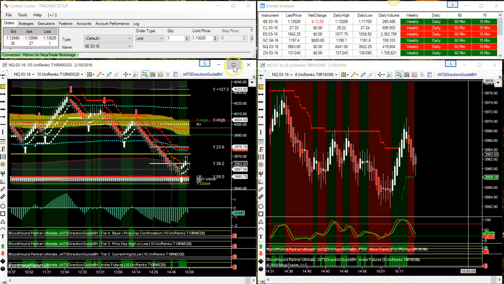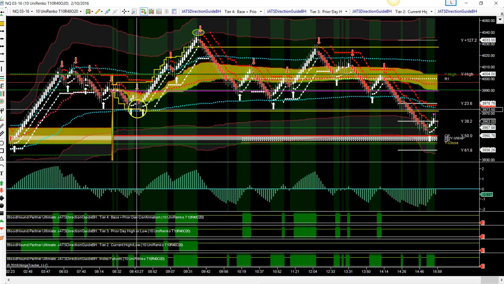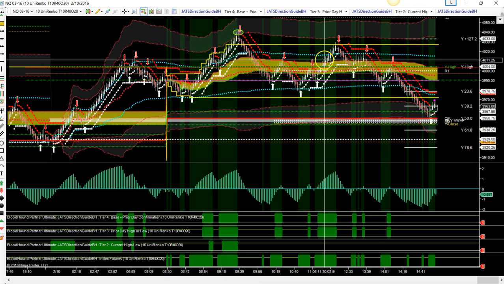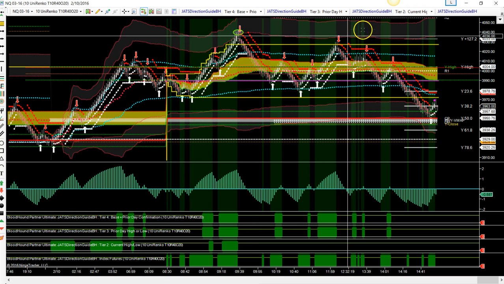But today and overnight, we had a low close yesterday, and then we had overnight news that brought the market up, giving the market some hope that there was going to be a rally.